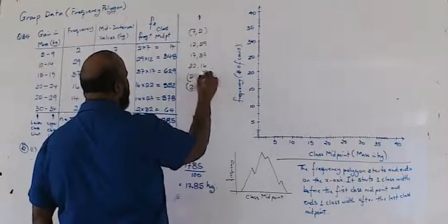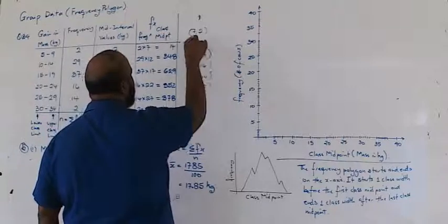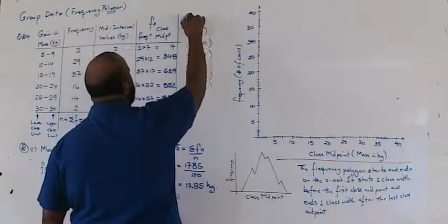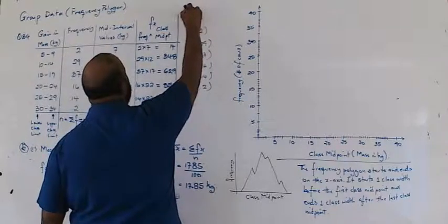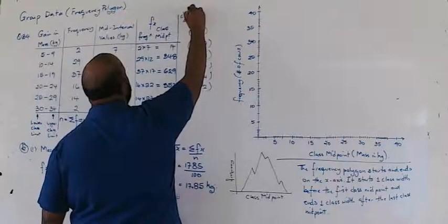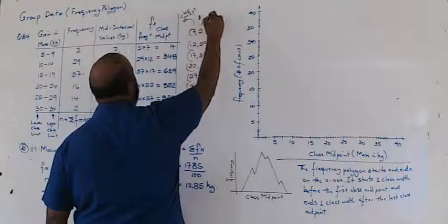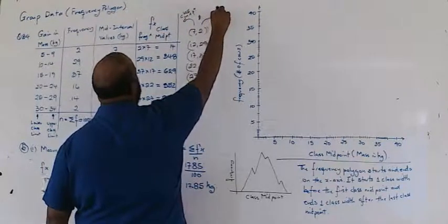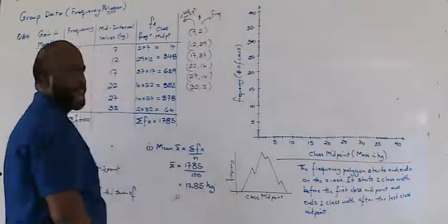So these are the points we're going to plot. This is the class midpoint, and this is the frequency.